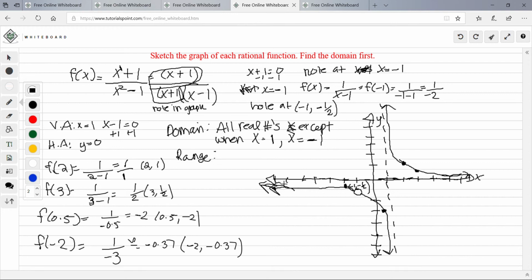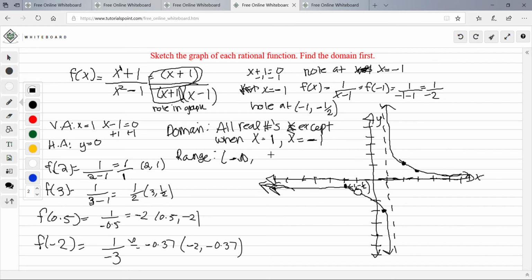Since our horizontal asymptote is 0, it's going to be from -infinity to... let's see. Remember our whole graph. We have to keep in mind our hole. So our y value for the hole at x = -1 is going to be -1/2, right?